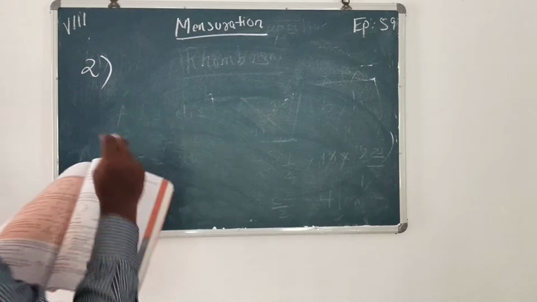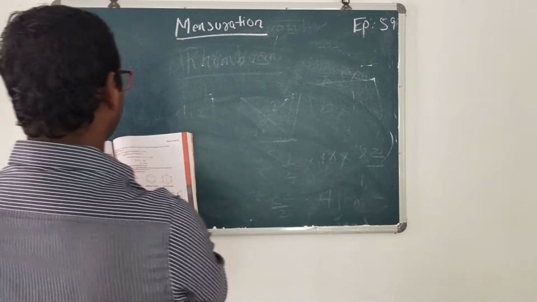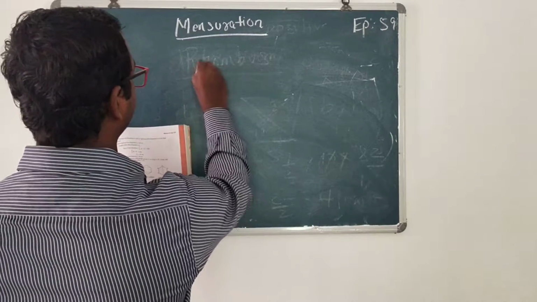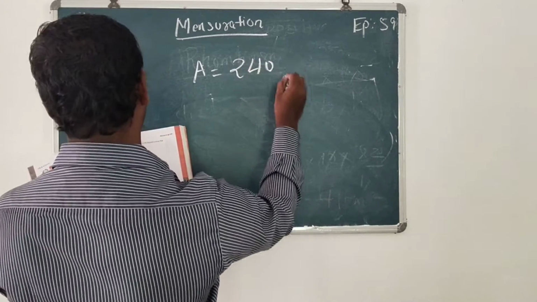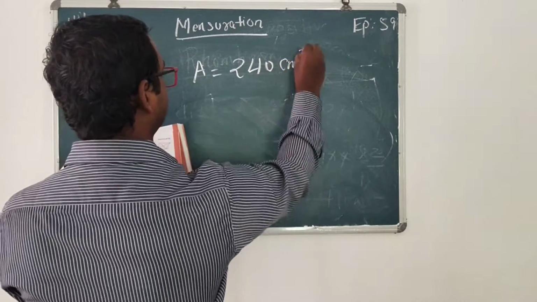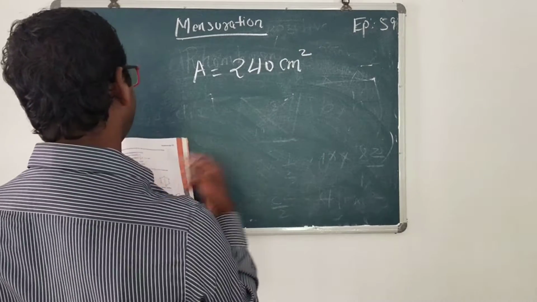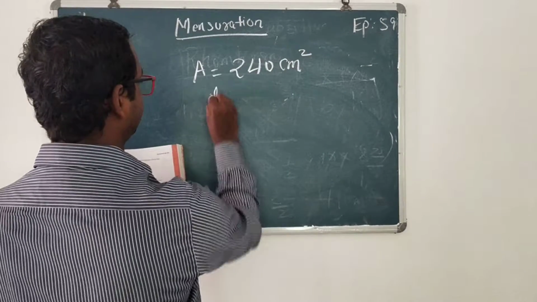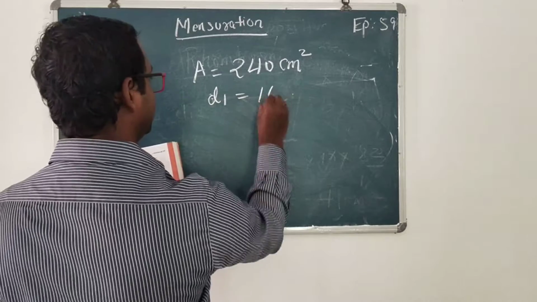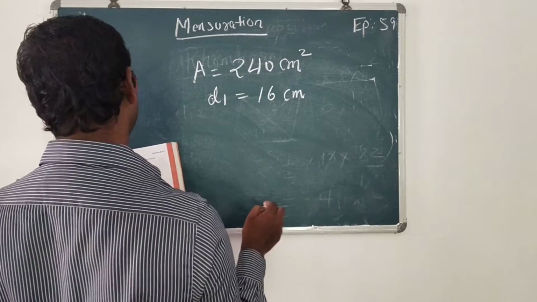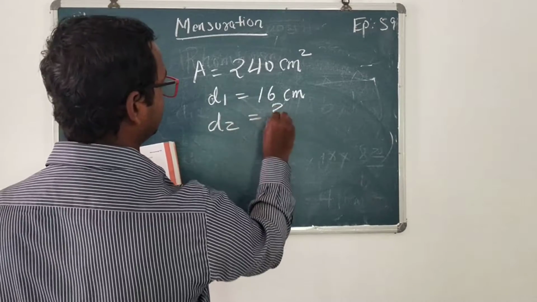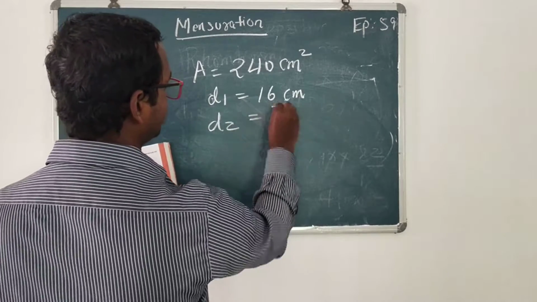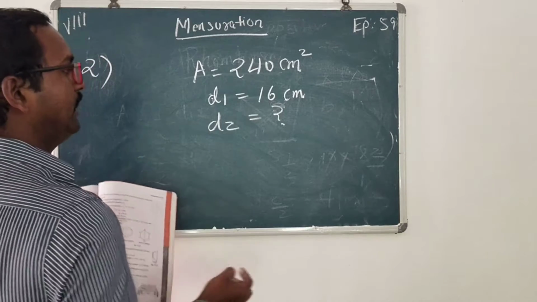See here, the area of the rhombus is 240 centimeter square, and one of its diagonals is 16 centimeter. Find the other diagonal, which means d2 is missing. So we have to find the other diagonal.